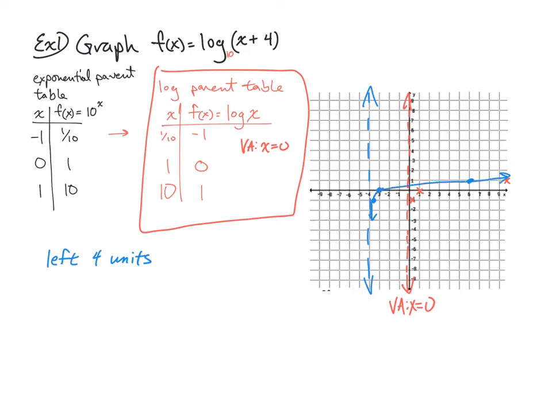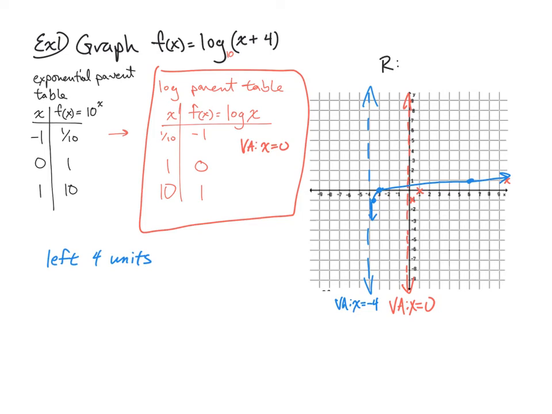All right, so there is the graph. The blue graph is there. The vertical asymptote for the blue graph is x equals -4. We can talk about the domain and range. Again, for log functions, it's kind of like the domain for the exponential functions. We don't have to really think about it too much.